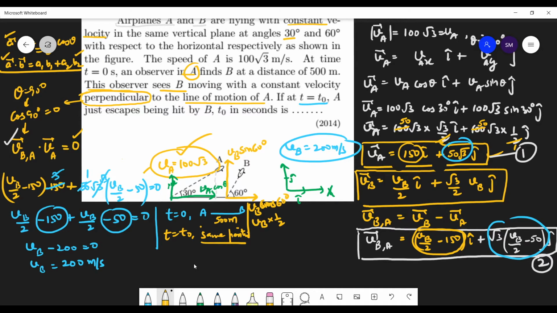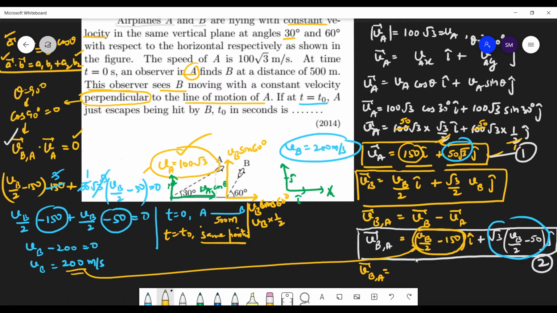So students, what is VBA? We can calculate it here by putting this value of VB over here. So what will be VB, velocity of B with respect to A?